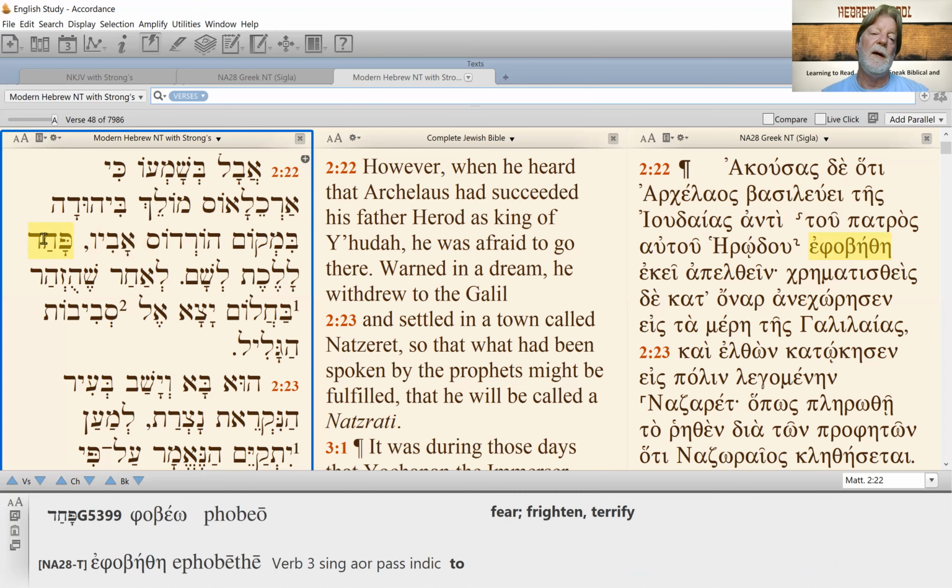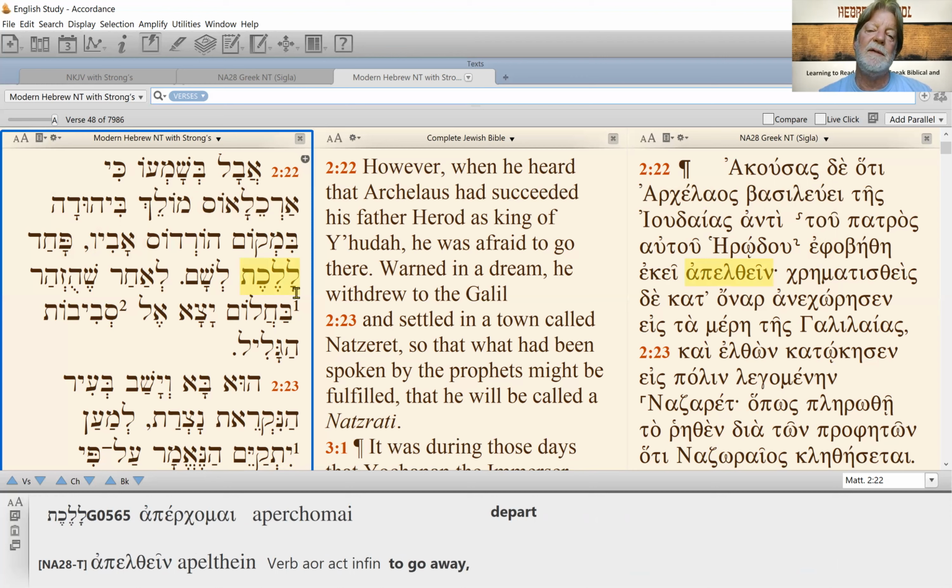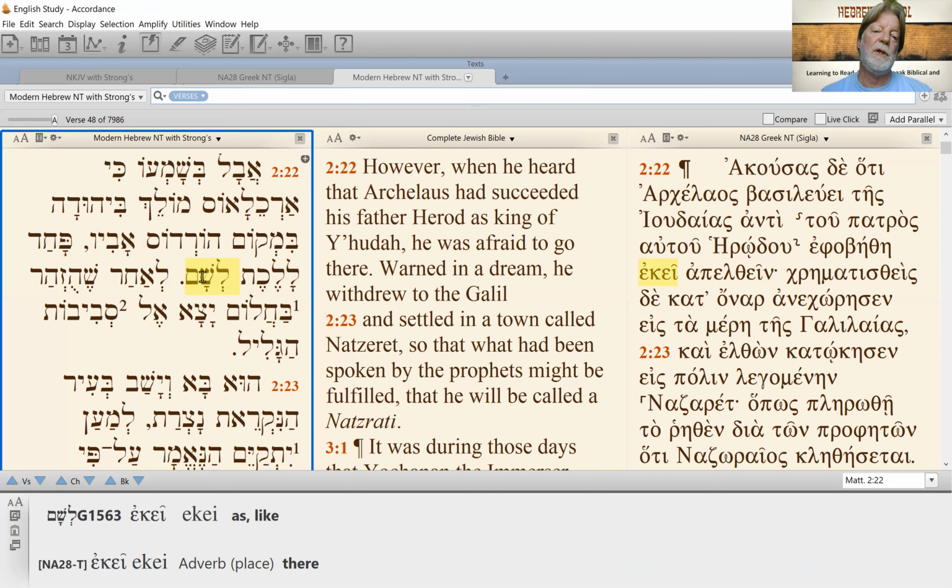Pachad. Joseph was afraid. Lalechet, here we have the lamed prepositional prefix, to lechet, to go. Halak, again, is the Hebrew word for traveling or walking, to go. Lesham, to there, to that place.